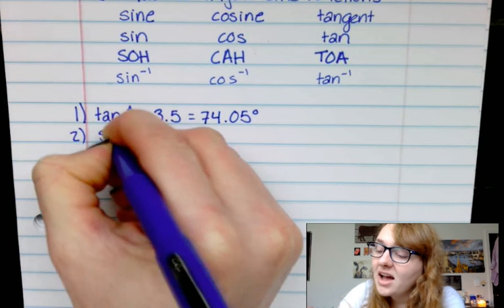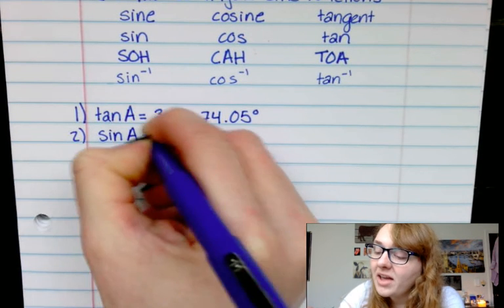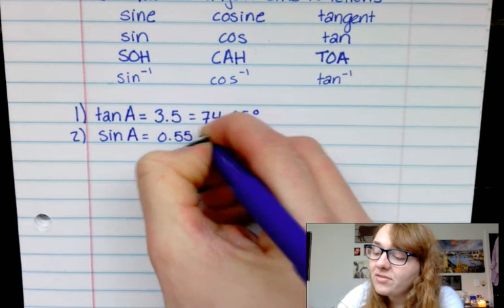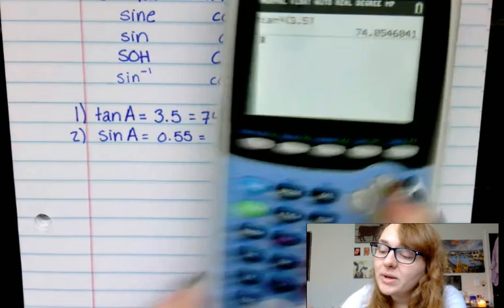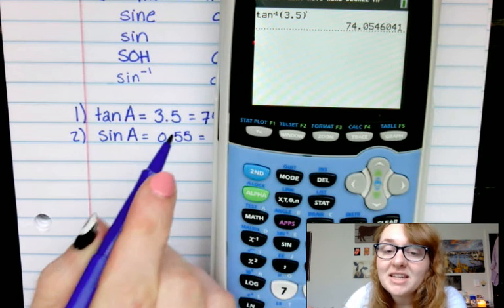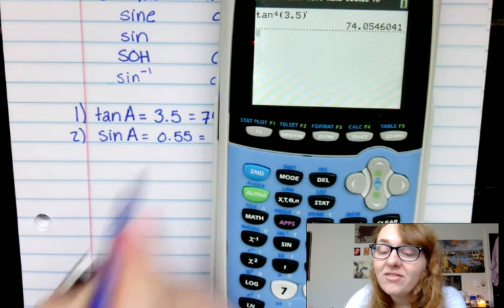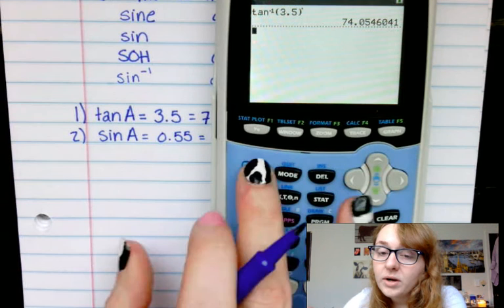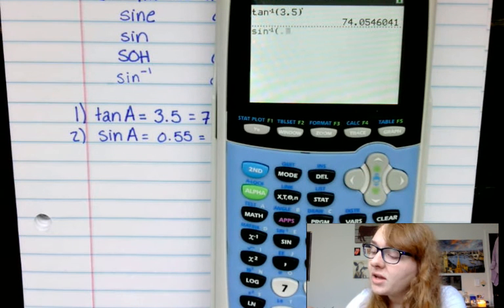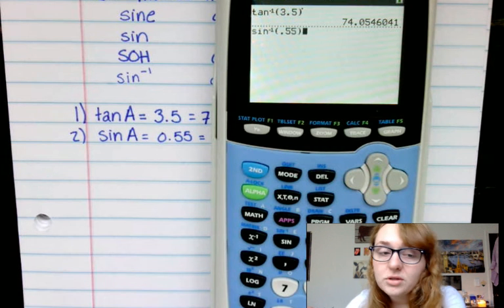Next, we have the sine of an unknown angle A is equal to 0.55. All right, so again, the ratio of opposite over hypotenuse gave us the decimal of 0.55. And to get our angle, we're going to have to hit second and then our sine and then type in that decimal, close our parentheses, and then hit enter.